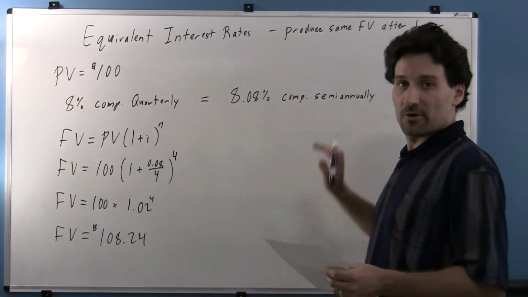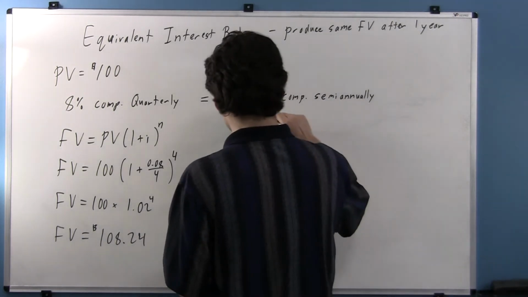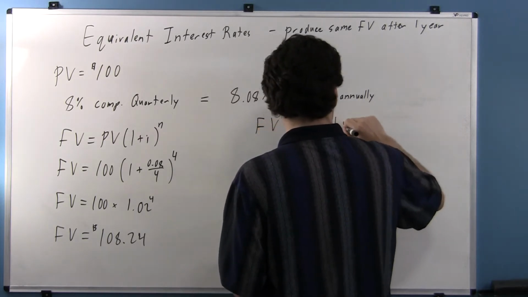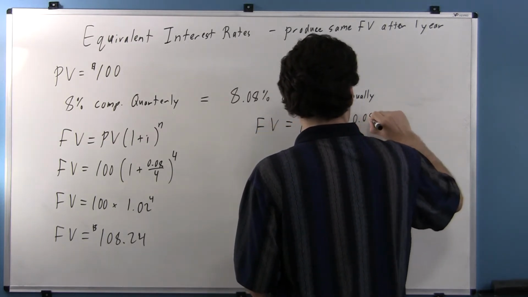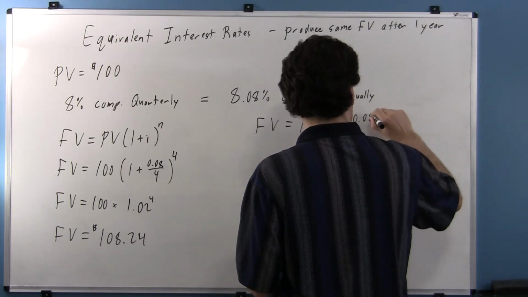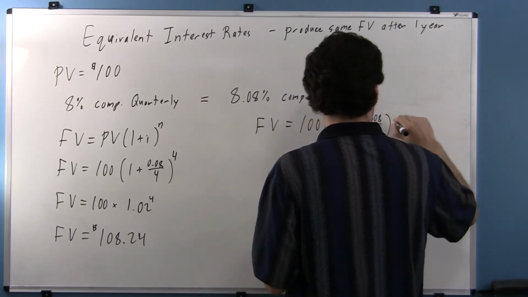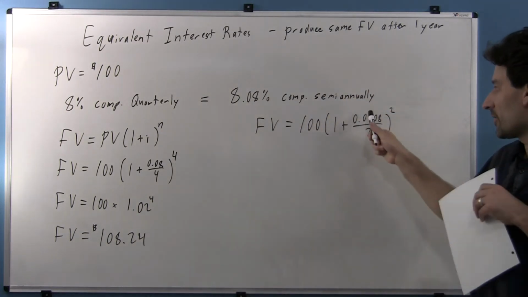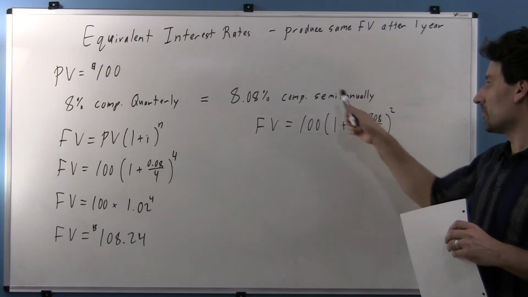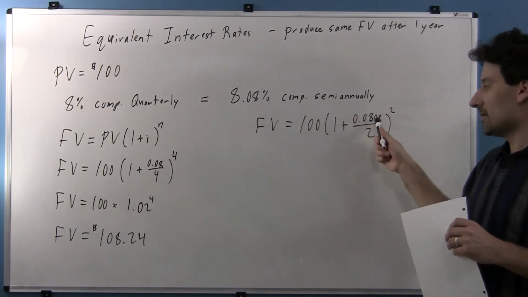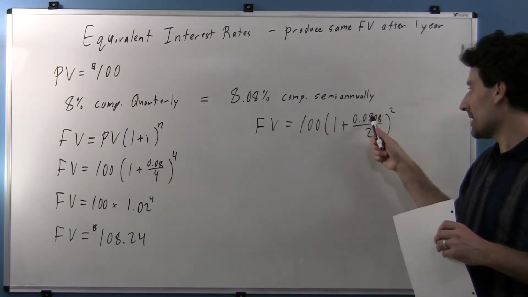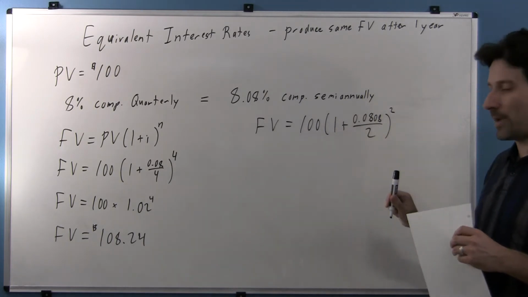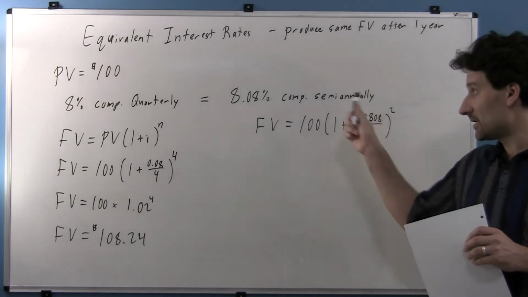Let's see if semi-annually works out the same. Future value equals 100 times bracket 1 plus 0.0808 divided by 2 bracket, and that's the power of 2. So there's your periodic rate: the nominal rate, 8.08% or 0.0808, divided by 2 to get us periodic because it's semi-annual, and to the power of 2 because it's 1 year at semi-annual compounding.